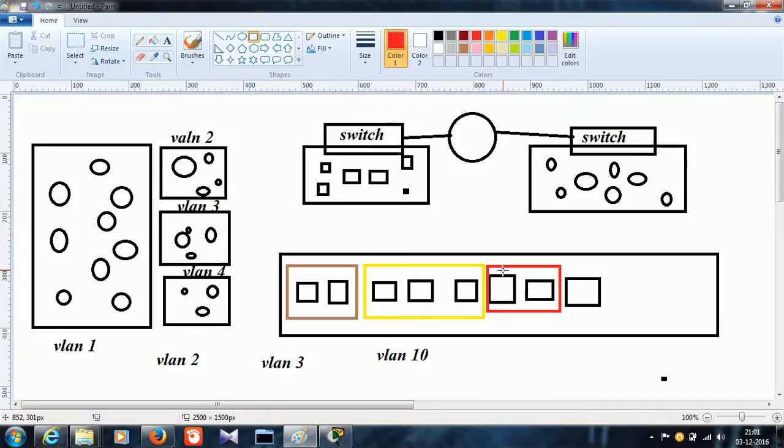So if I want these groups, brown, yellow and red, to communicate, what I need is something called an L3 device. That means a device which understands the IP protocol. That is like a different language. For example, if there are two people, one knows English and one knows some XYZ language, the XYZ language person's speech the Englishman will not understand, and the Englishman's speech the XYZ language person will not understand, right?